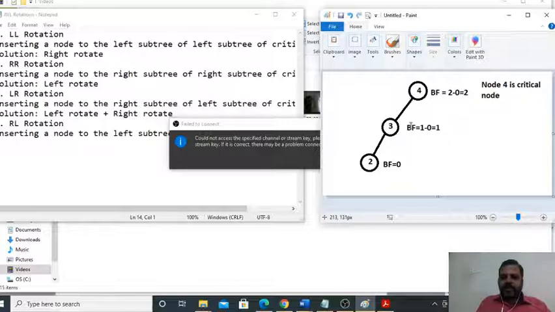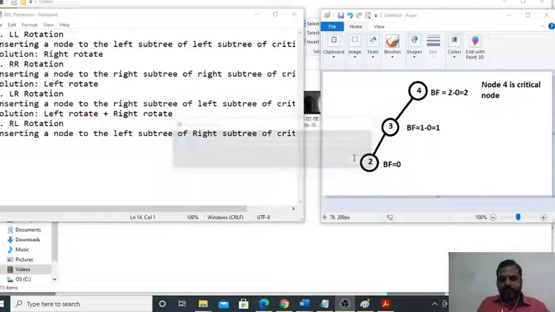Now why does this imbalance occur? When we add node 3 to the left of 4, there is no problem because the balancing factor of 4 would be 1 and the balancing factor of 3 would be 0. But when I add node 2, the balancing factor of 3 becomes 1 and the balancing factor of 4 becomes 2. So it is because of the addition of 2 that the imbalance occurs.